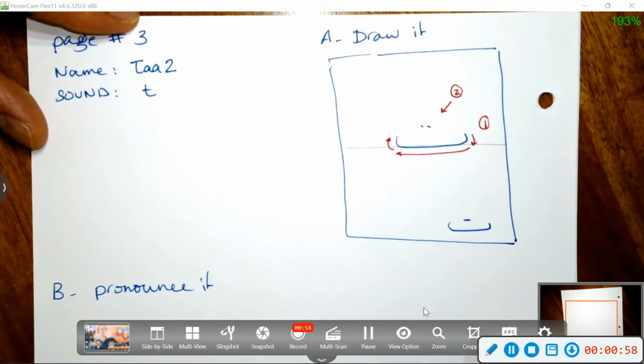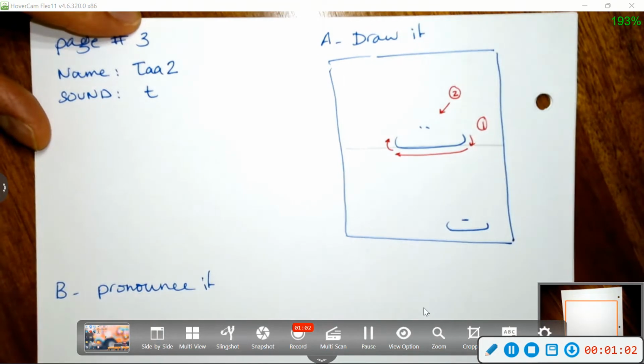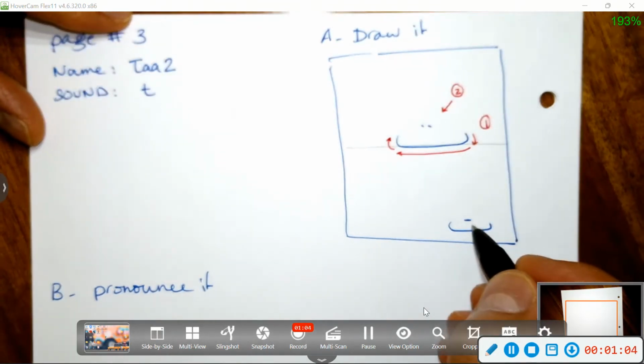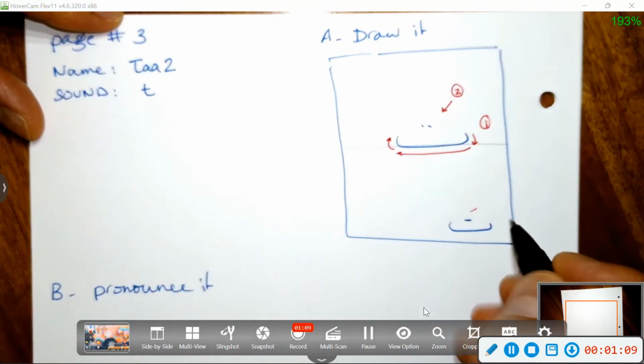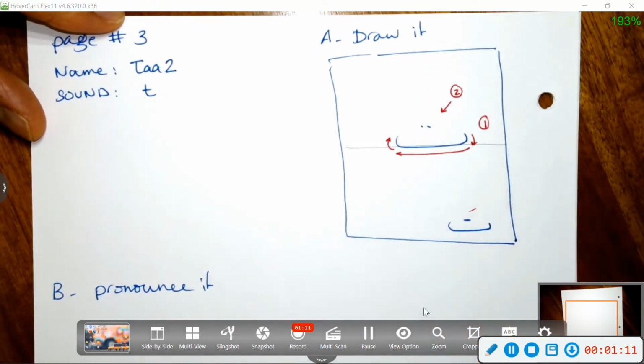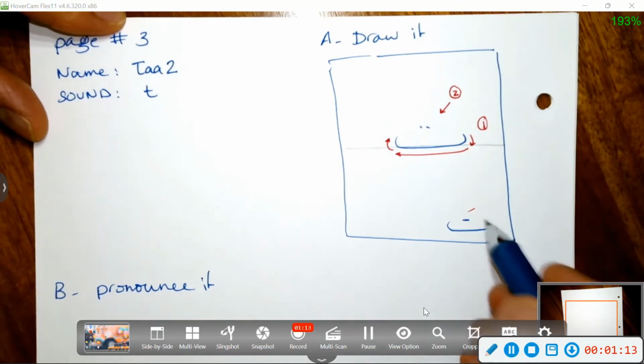This small line means we have 2 dots here, and you should not confuse this with the fatha, which comes a little bit tilted from the left side. Ta.